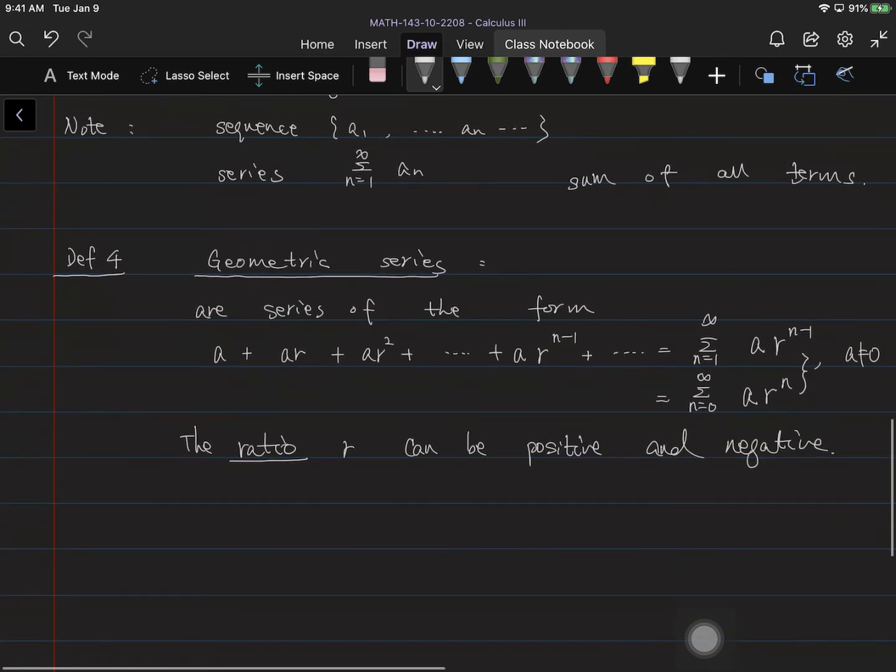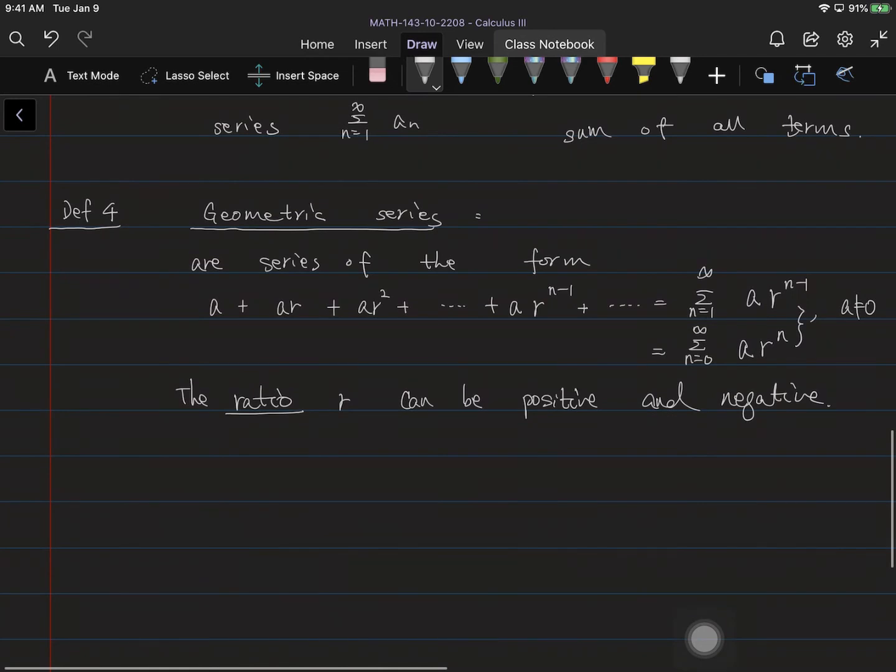Let's take a look at some examples of the geometric series. Let's look, what do they look like? 1/2 plus 1/4, 1/8. So actually 1/2 to the n minus 1.